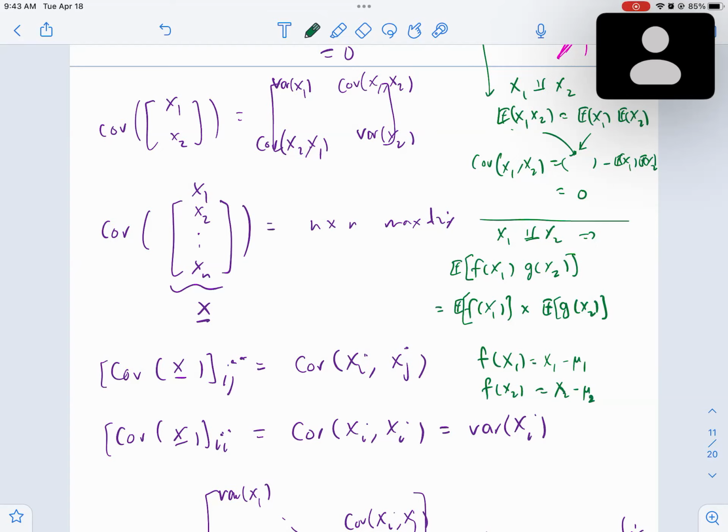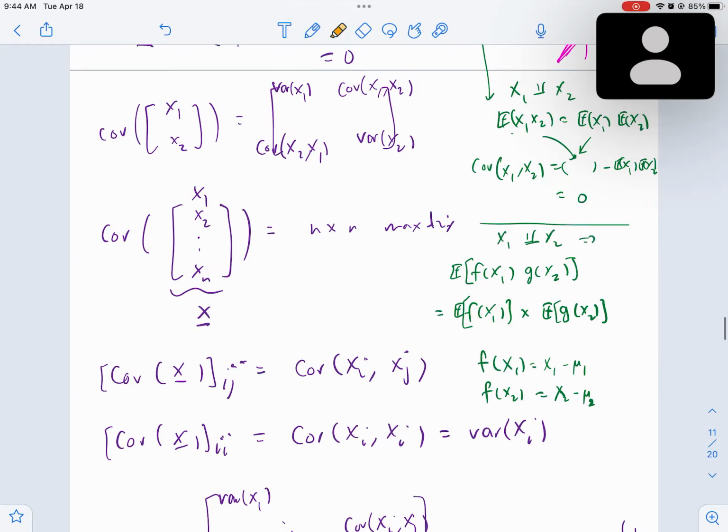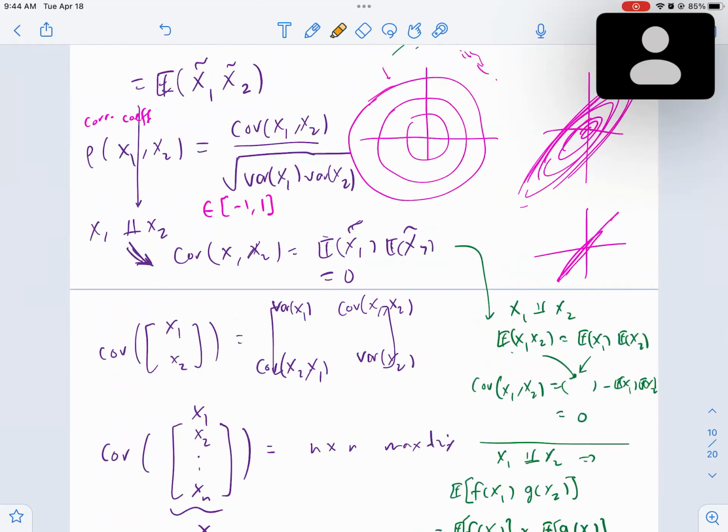And so this would be the covariance by definition. And this would be 0 because you apply expectation to this and it moves inside. So both of the terms are going to be 0. So that's what I'm doing here. So the covariance would be this, but then it decomposes into that and it would be 0.